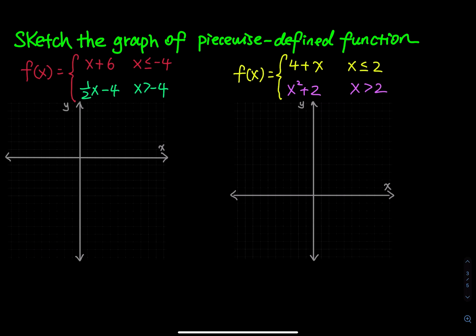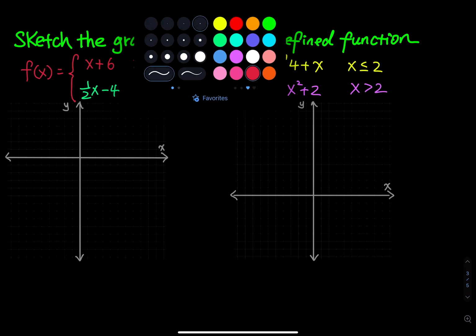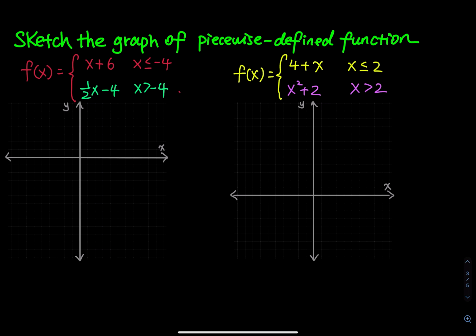What that means is, let's say when x is equal to negative 4, I should not make the pencil bold. X is equal to negative 4, and then you have negative 4 plus 6 equals 2. So your first point is negative 4 comma 2, right? So negative 4 comma positive 2 is right over here.